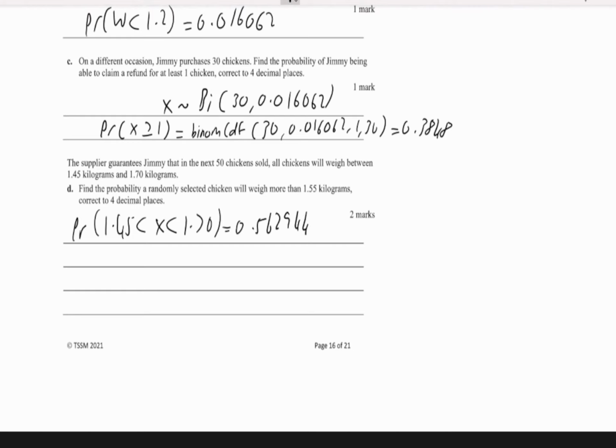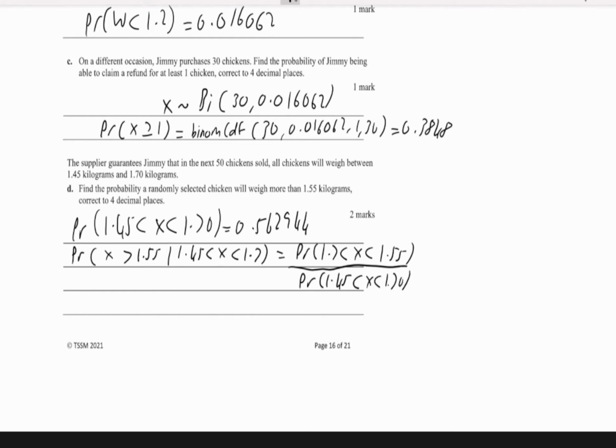So now getting on to what that question is actually asking us. PR x is greater than 1.55, given that x is in between these two. So that's going to be PR 1.7, x is in between those two, and PR of 4.45, x is between those two again.